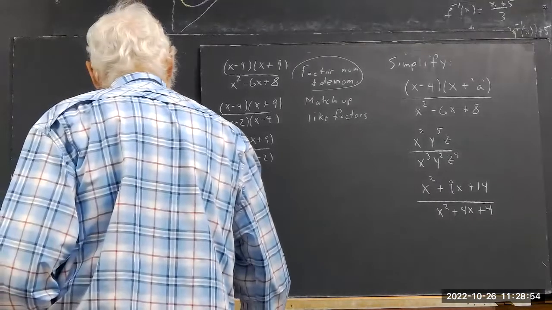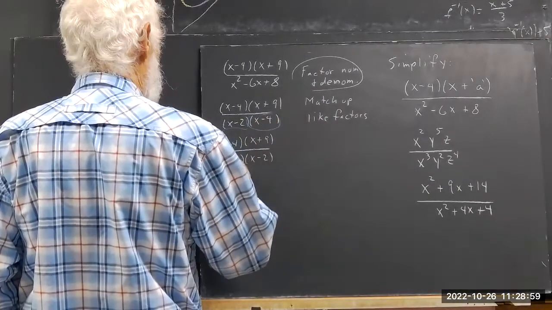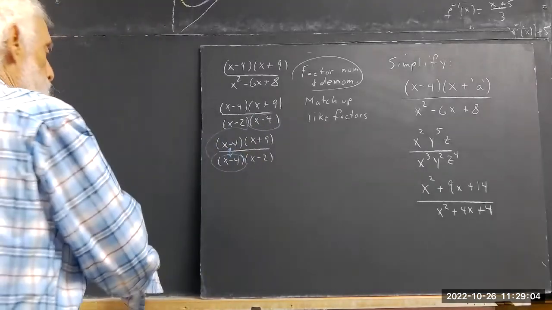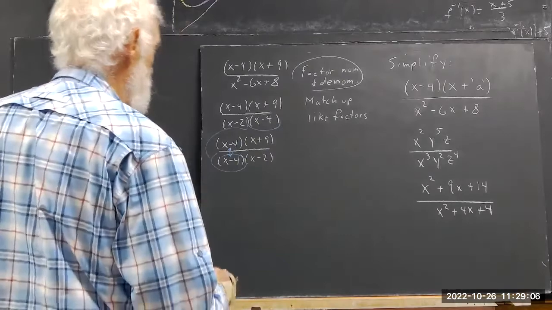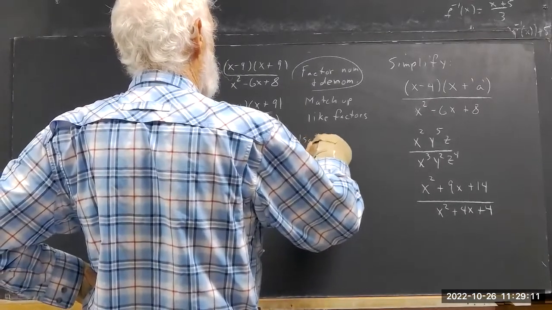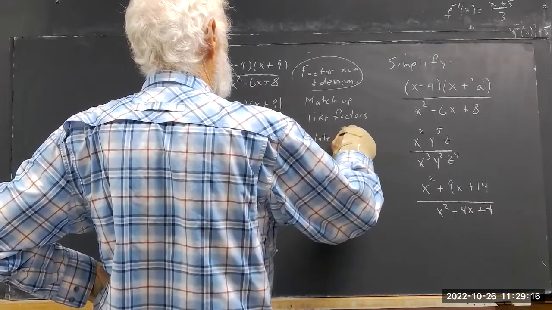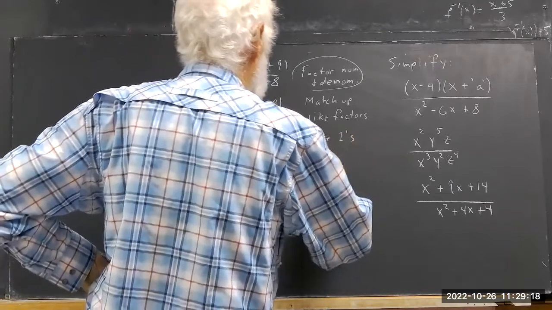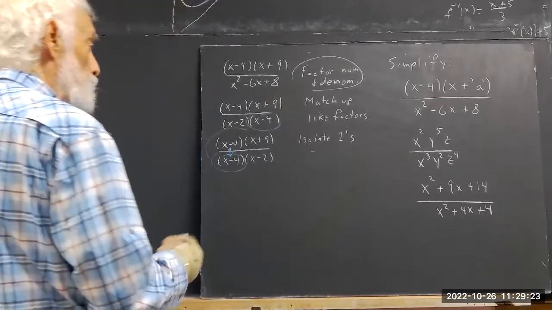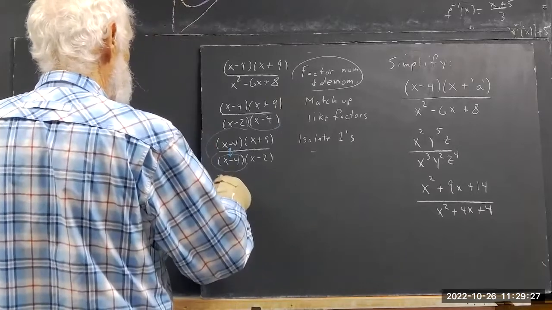Okay, so we take this and we move it over here so it matches this. Then I say isolate the ones. If you've got like factors, then you've got some ones. You've got x minus 4 here, x minus 4 here.